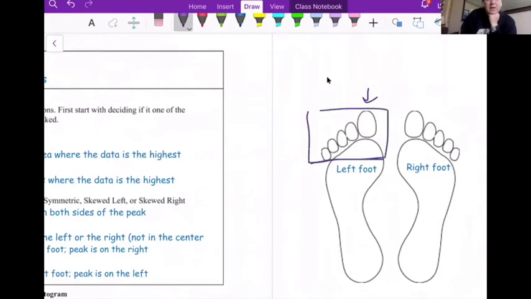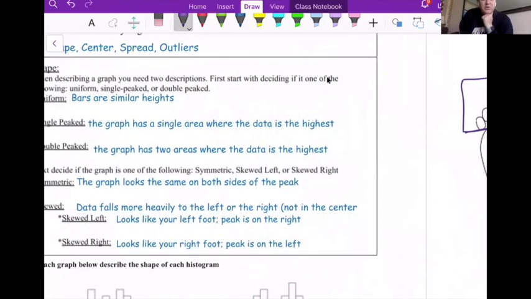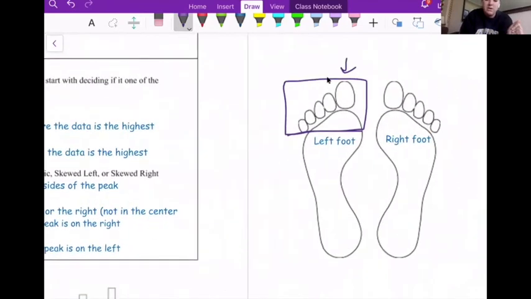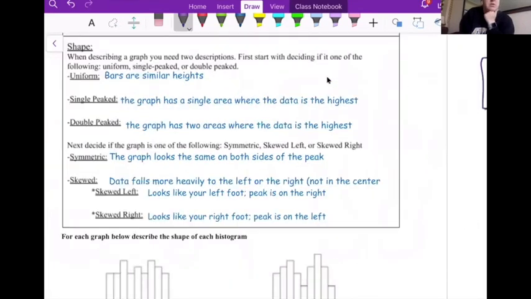So this would be left skewed. Then right skewed looks like your right foot. And so that means that the peak is on the left. And so if we had our data set looking something like this, our peak is on the left, but because it looks like our right foot, that means that it's skewed to the right.